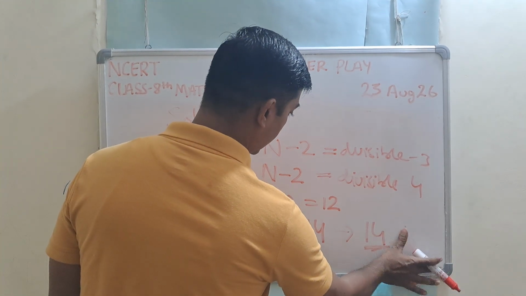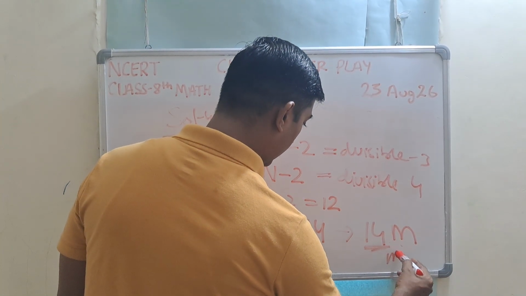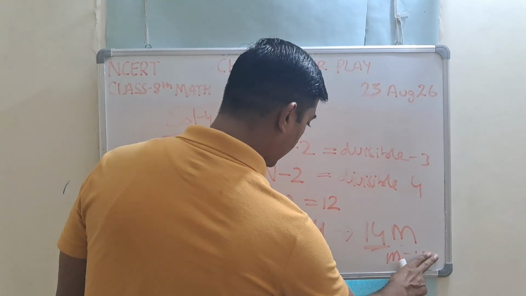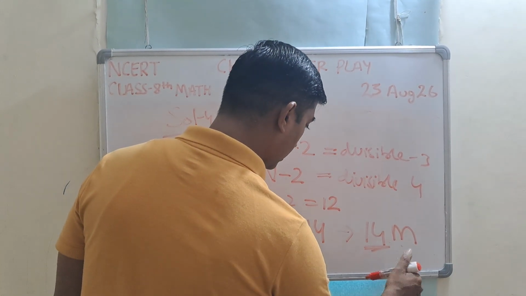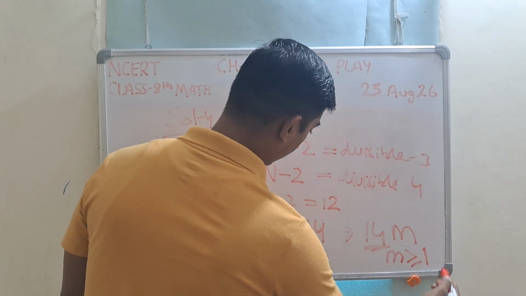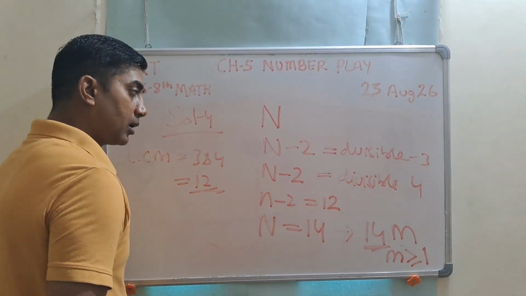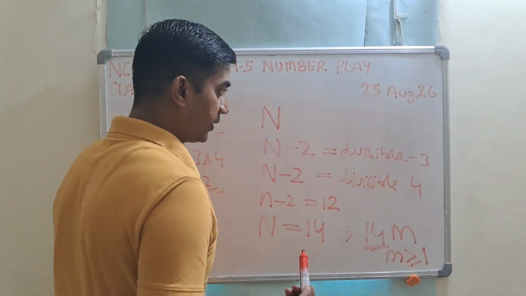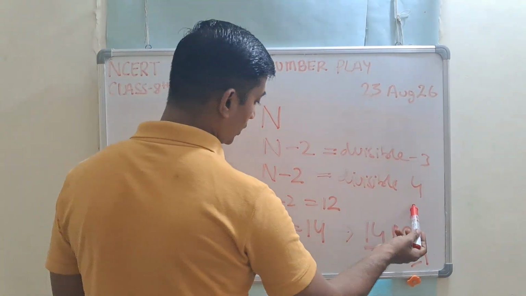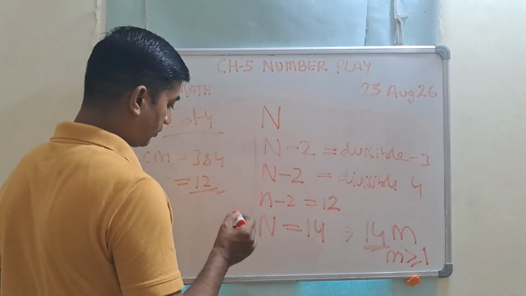We can represent it as 14m, where m is 1, 2, 3, or we can say m is greater than or equal to 1. Understood? So you get all the results. When that number is divided by 3, you get the remainder 2. When divided by 4, you get the remainder 2. In this way you can find that number.